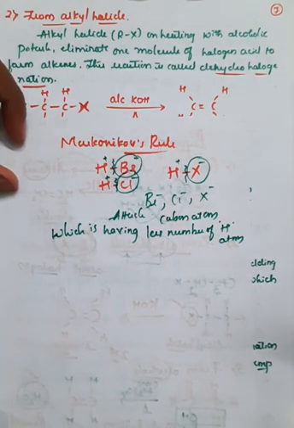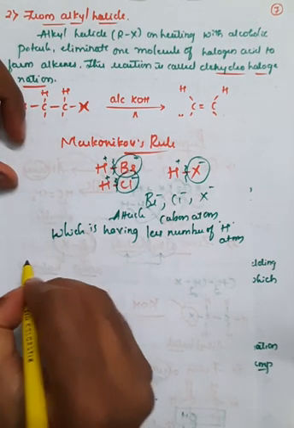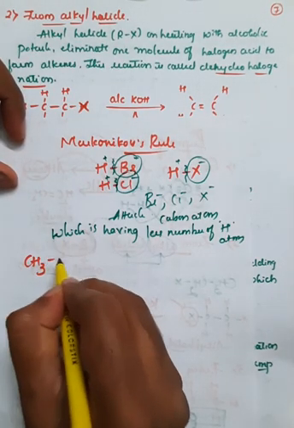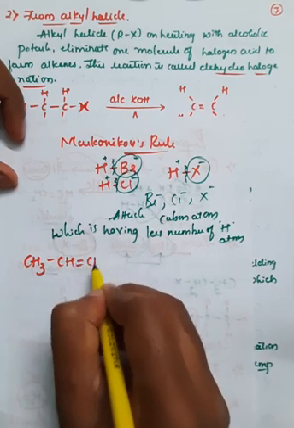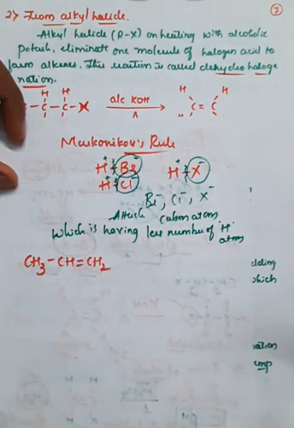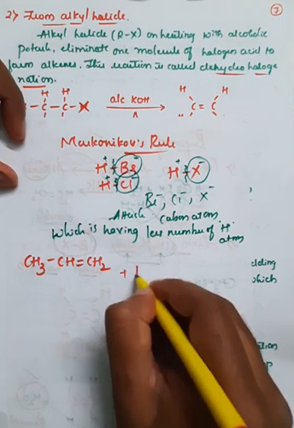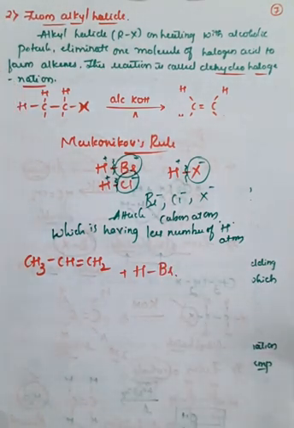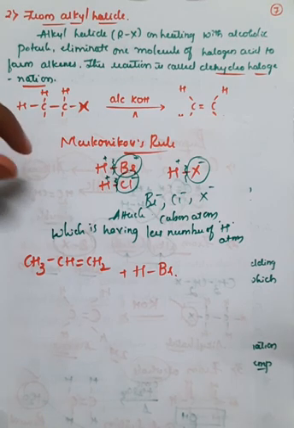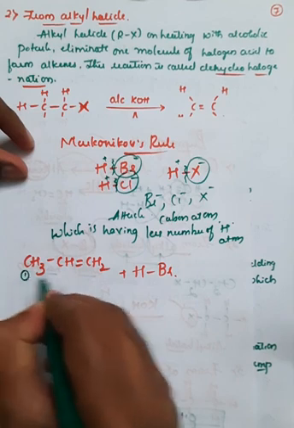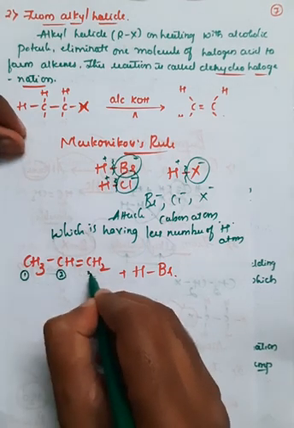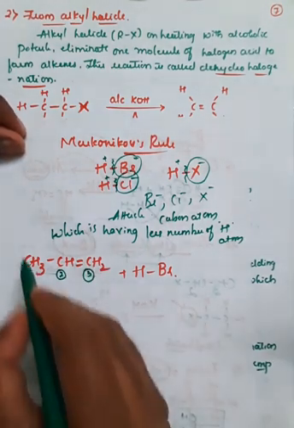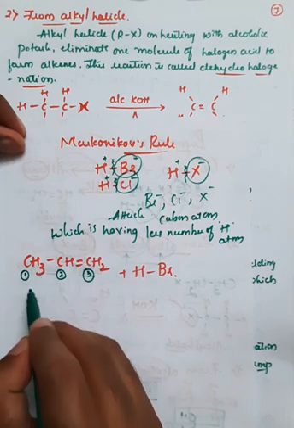The same example we have given here. So here we have CH3 single bonded with CH, double bonded with CH2. This is a molecule, right? If I add HBr to this, observe here. If you number from this side, this becomes the first carbon atom, this the second, and this the third. In the first carbon atom, the hydrogens are 3.